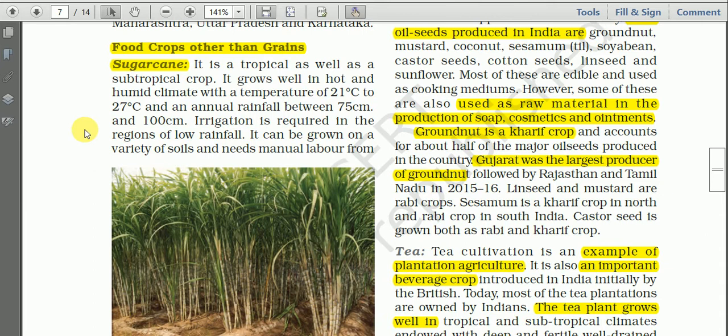That means it requires high temperature ranging between 21 and 27 degrees, and higher rainfall between 75 and 100 centimeters. If the amount of rainfall is less than this, irrigation is required, as mentioned here.